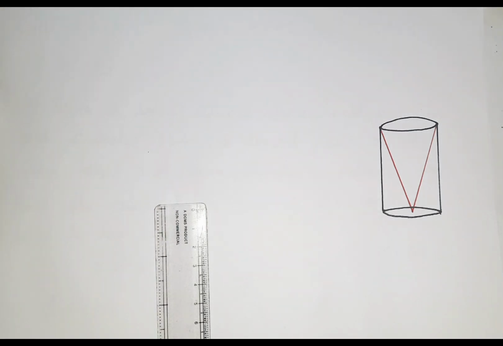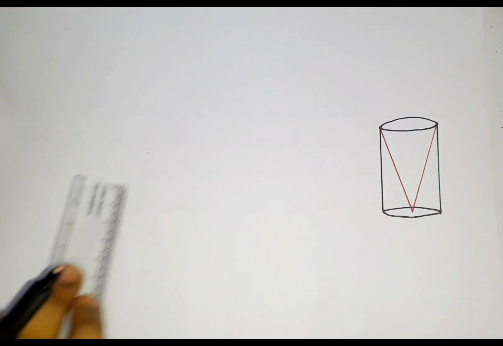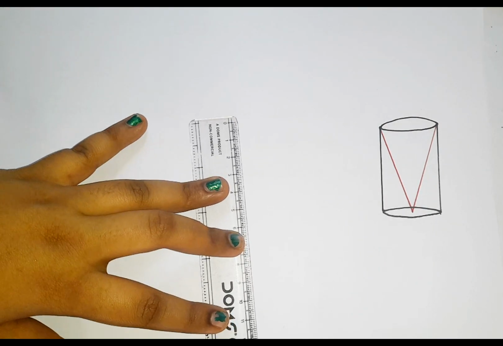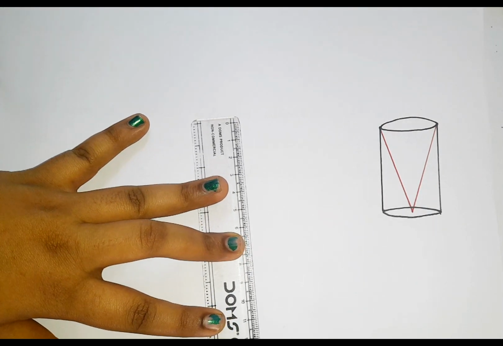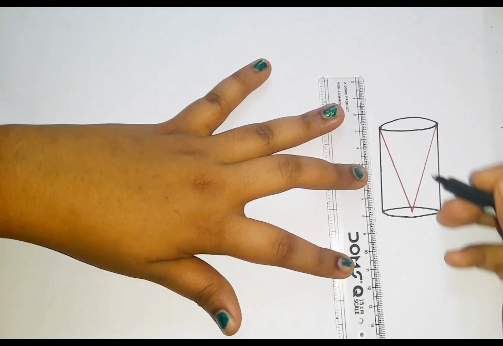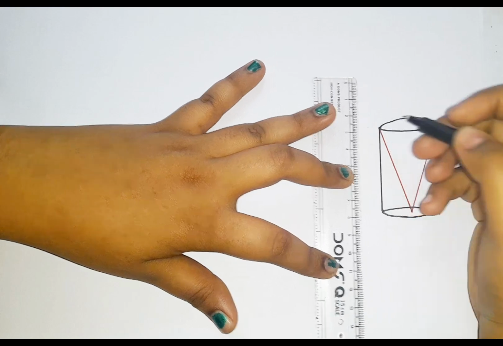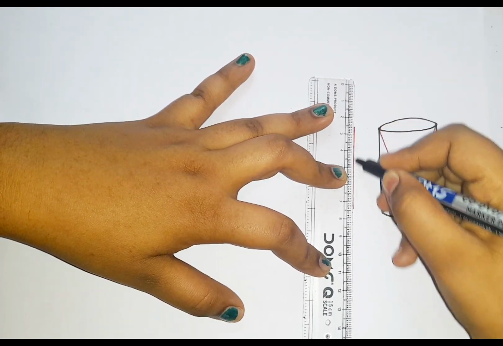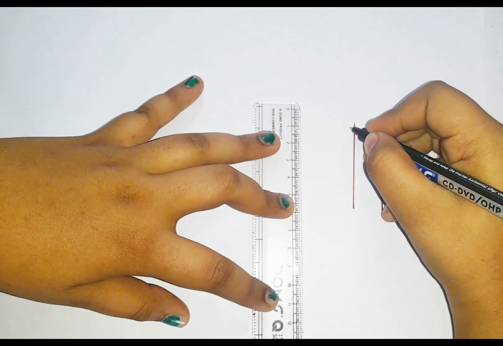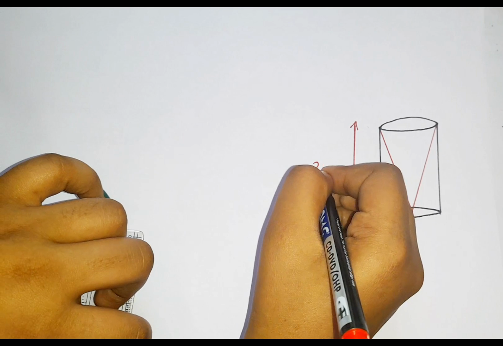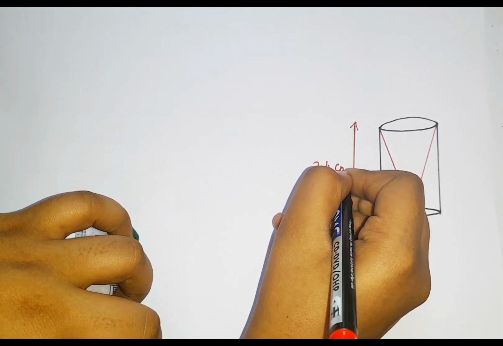Okay, all right. So now what is the height? The height of the cylinder is 2.4 centimeter, am I right? So let us do it. The height is 2.4 centimeter.